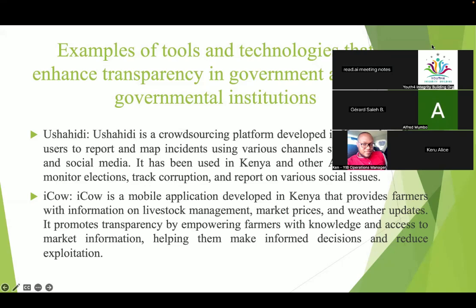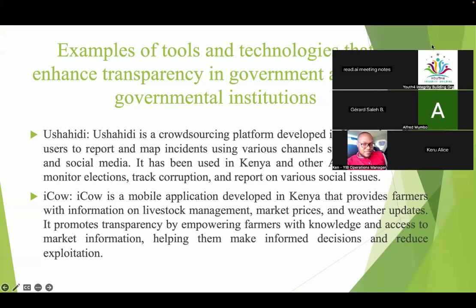It has been used in Kenya and other African countries to monitor elections, track corruption, and report on various social issues. iCow is a mobile application developed in Kenya that provides farmers with information on livestock management, market prices, and weather updates.